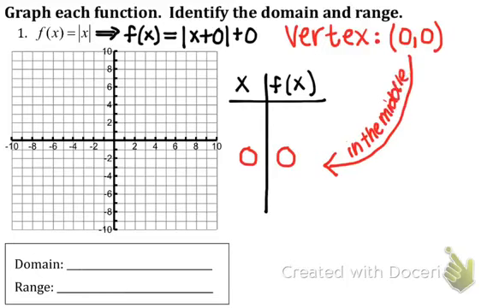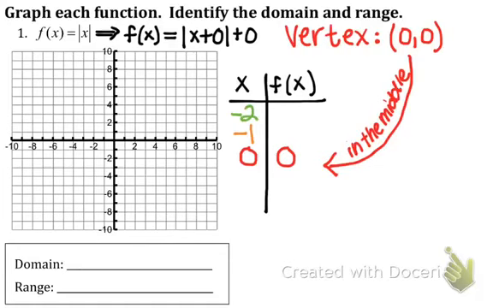My goal is to put it in the middle of the table, because since absolute value functions are symmetric, we want the same amount of points to the left and to the right of our x coordinate. So after you put your vertex in the middle, then we're going to pick 2 points to the right and 2 to the left of the x coordinate of the vertex.